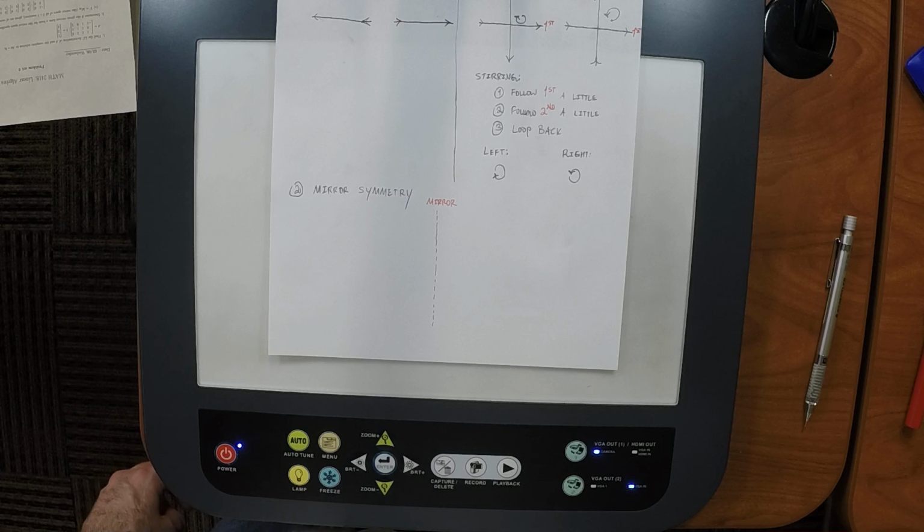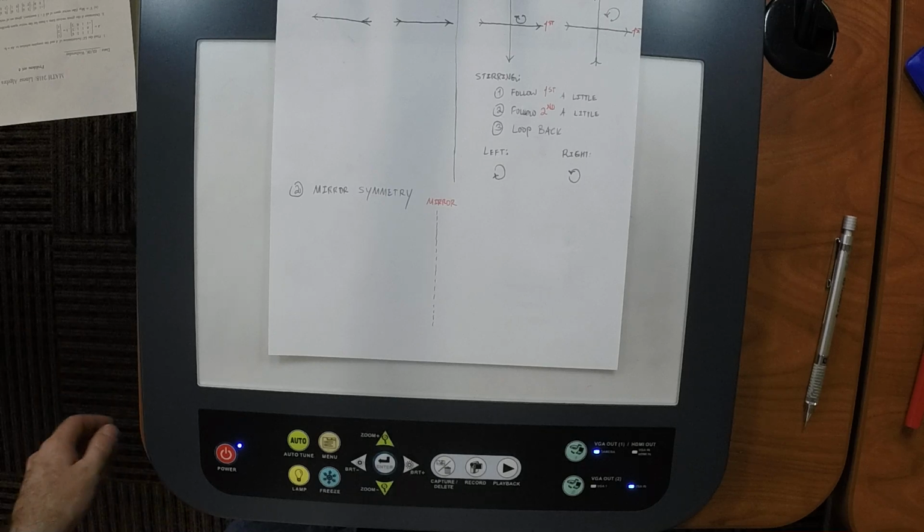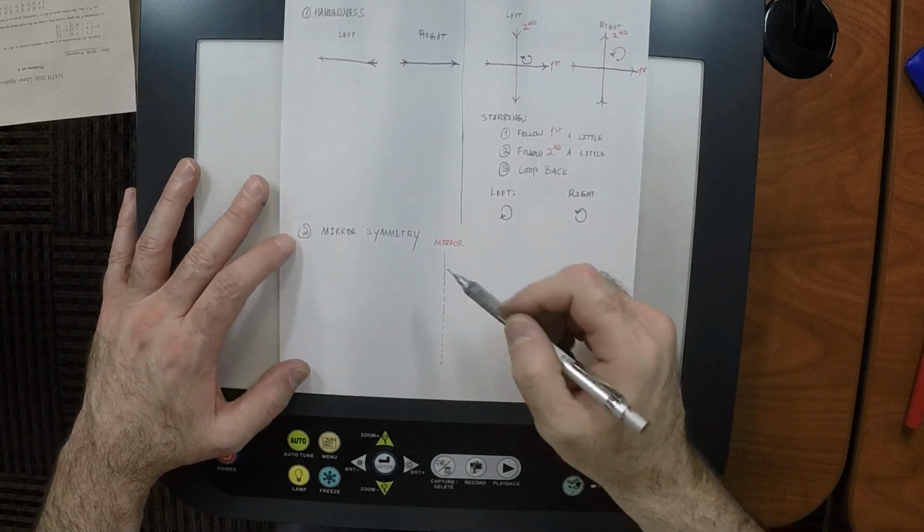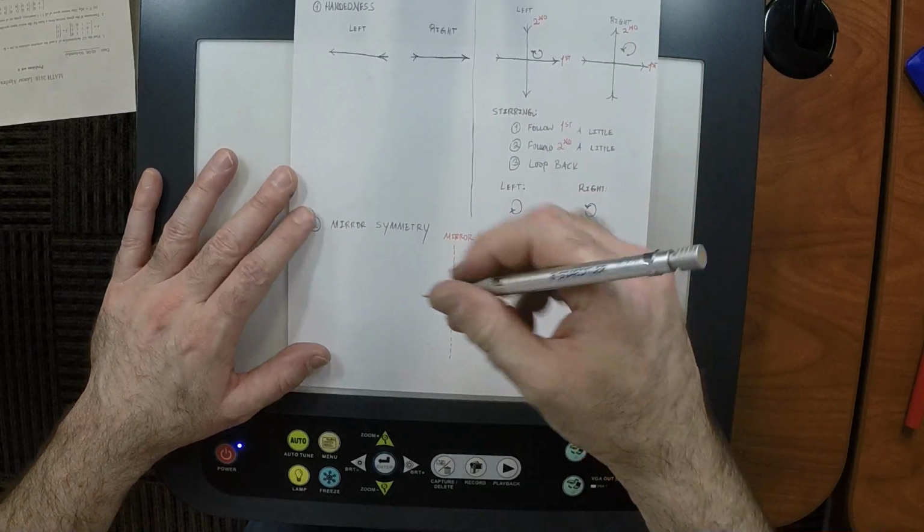Yeah, they'll be holding up their left hand. So if you're looking at a full-length mirror, holding up your right hand, and you were to go up and give yourself a high five, then what hand would that person in the mirror be holding up? Their left hand.